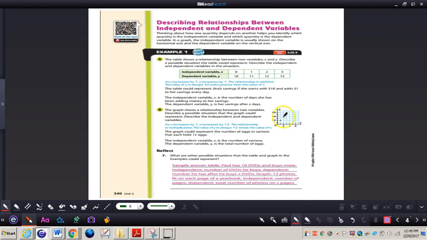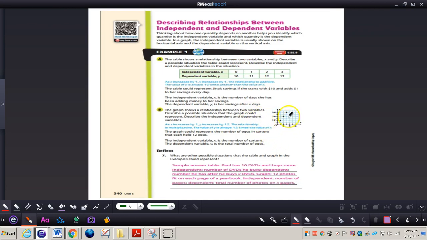Second, x-axis is 2, y-axis is 24. 3 and 36. So we can see, before I jump into this, that would be an additive relationship. So you can see as 1 was added to the x, 1 was added to the y, and so on. So let's jump back to letter B.